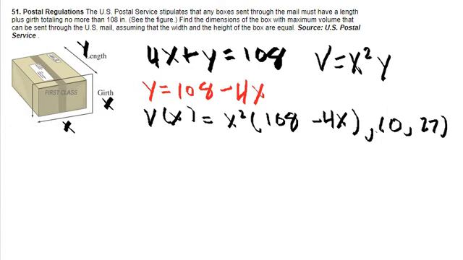If we let x equal 0, then the volume would be 0, and we don't want that. The 27 tells us that 27 times 4 is 108, so that also gives a volume of 0, which doesn't work out.